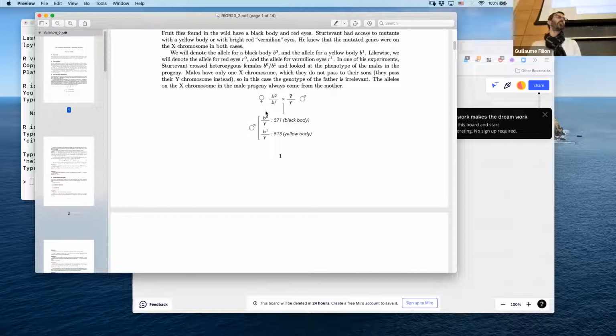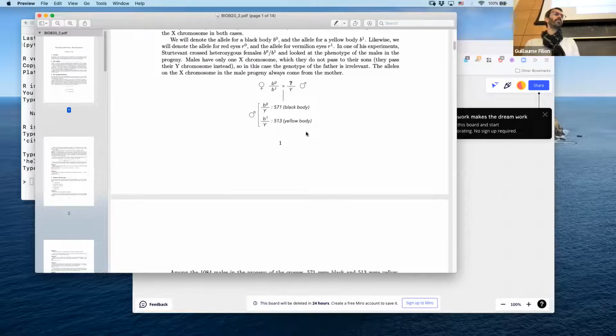So the males can either be B0 nothing or B1 nothing. And so we can directly see their genotype on the phenotype, okay? Like if they have a black body, they have the black allele here, B0, and if they have a yellow body, they have the yellow allele. Super simple genetics in the case of males, because we can directly read what happens on their phenotype.